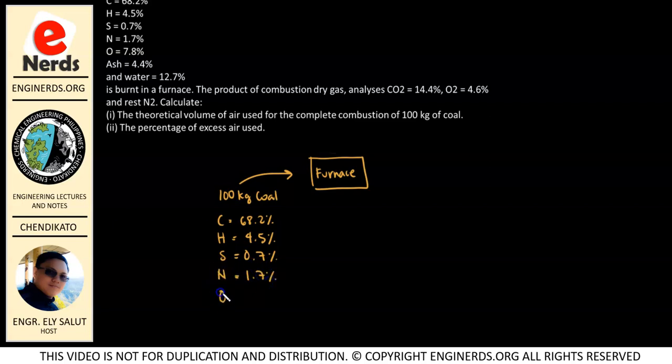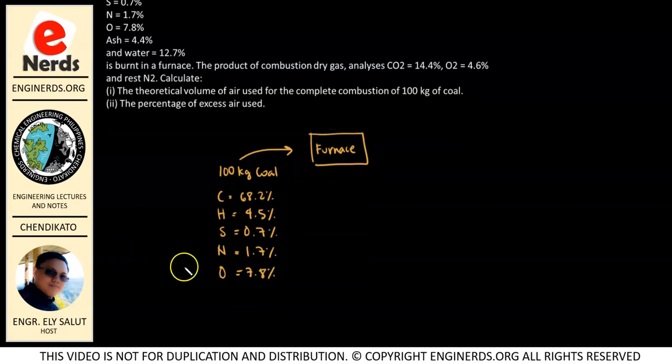We have oxygen, which is 7.8%. And we have also ash dito sa ating coal, which is 4.4%. And then we have water, which is 12.7%.